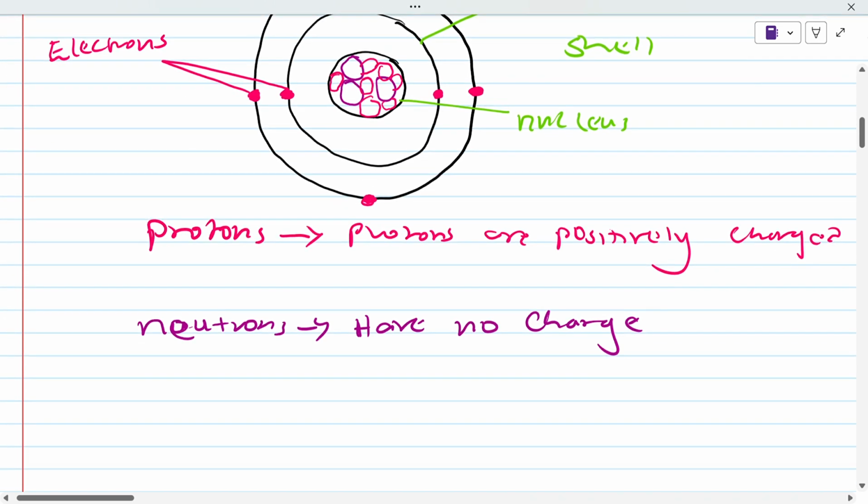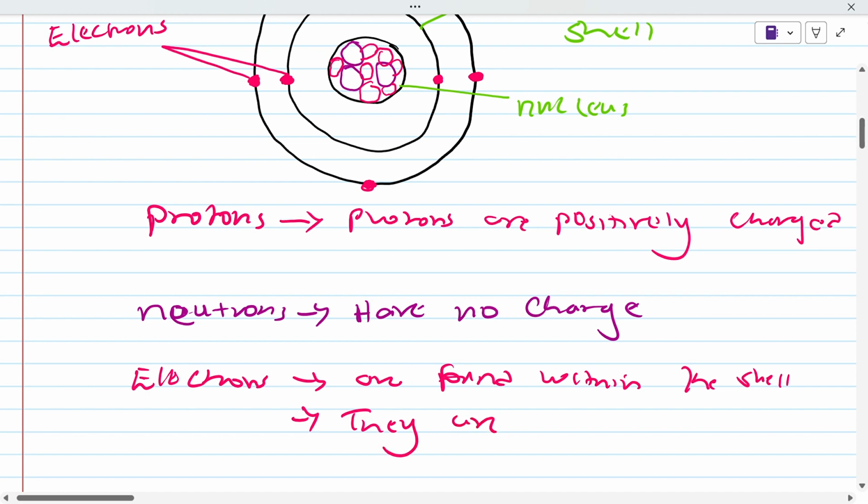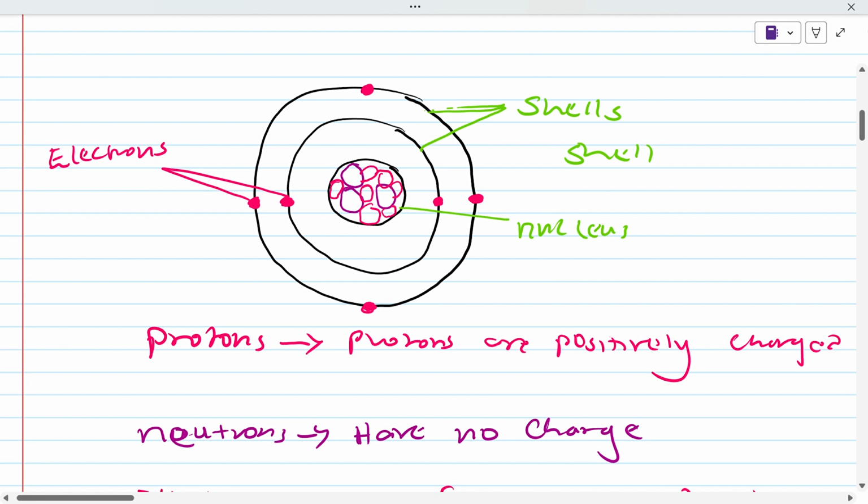So when I come down here under electrons, I'm going to say they are found within the shell and they are negatively charged.